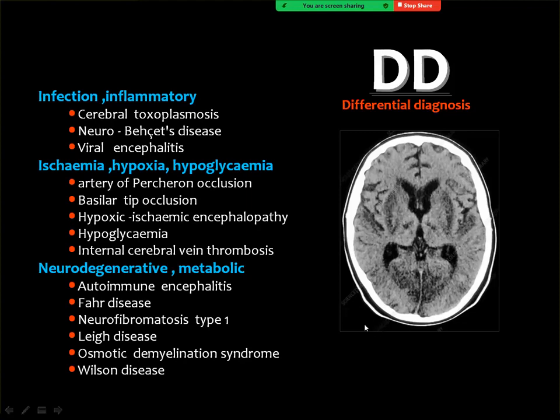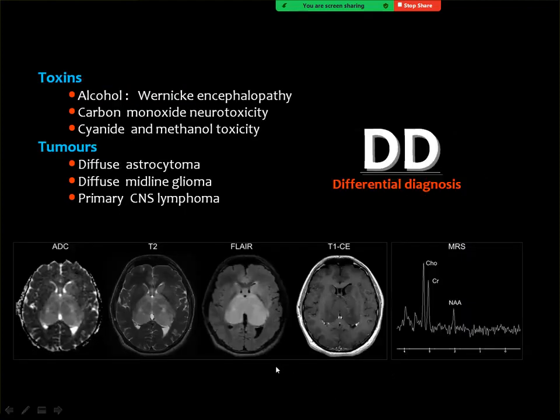There is a very long list of diagnostic possibilities, including infection like toxoplasmosis and Behçet disease, viral encephalitis, ischemic conditions like artery perfusion, basilar tip occlusion, hypoxic ischemic encephalopathy, hypoglycemia, internal cerebral vein thrombosis, neurodegenerative diseases, autoimmune encephalitis, FAR syndrome, neurofibromatosis, Leigh's disease, osmotic demyelination, and Wilson disease.